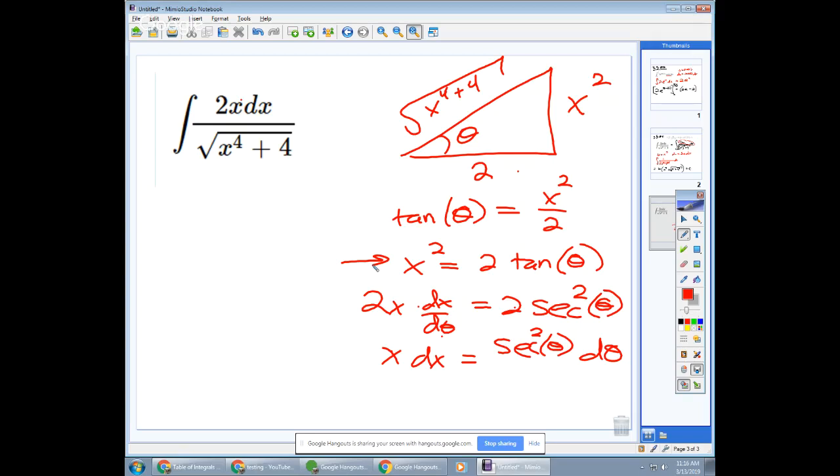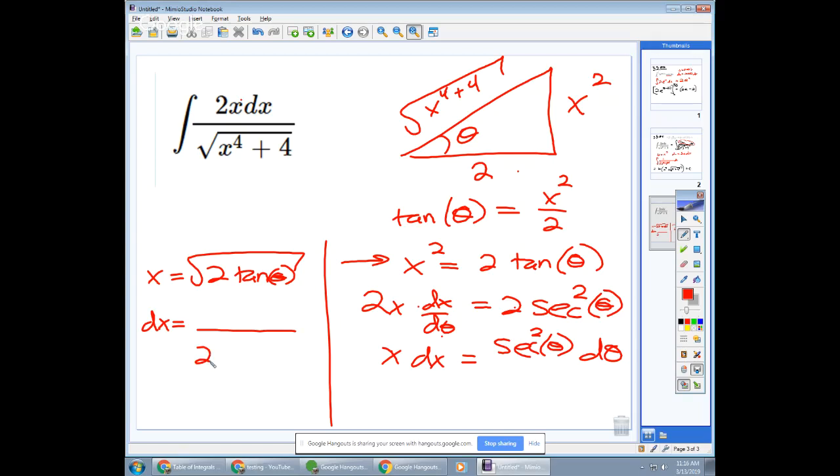So the alternative to implicit differentiation here would be to rewrite that as x equals the square root of 2 tangent. And now do your differential. So then if I did it that way, I would say dx equals the derivative of a square root. Anybody recall what happens? 1 over twice the square root is what goes down there. So we'd have a 1 over twice the square root of 2 tangent.